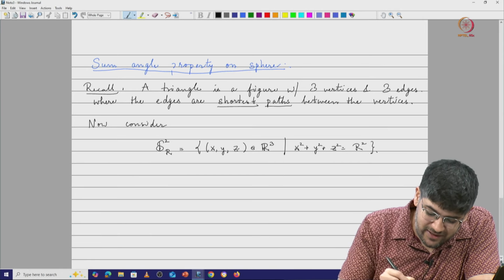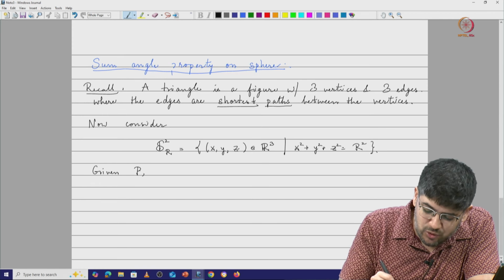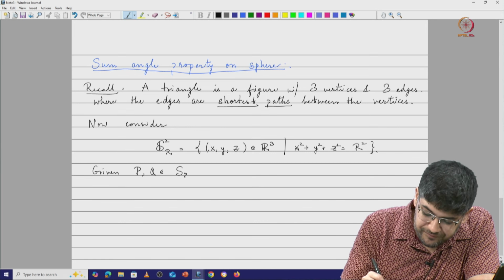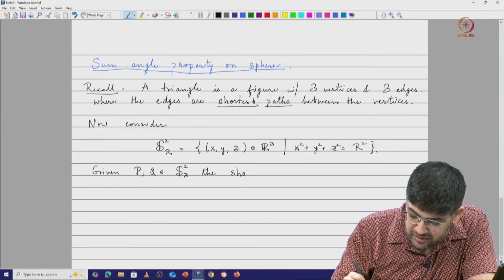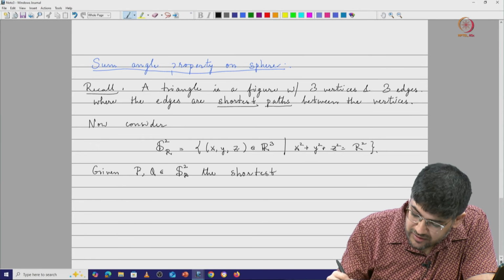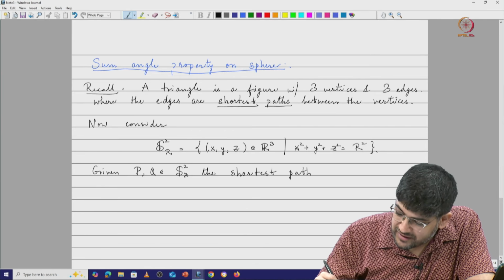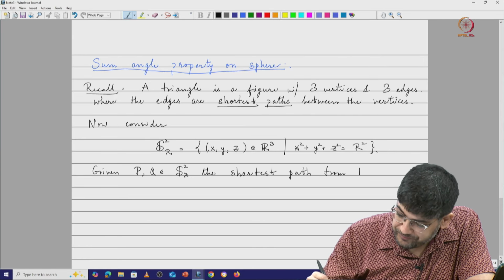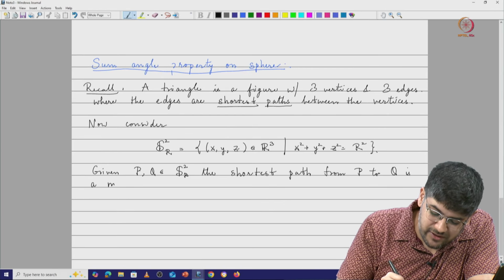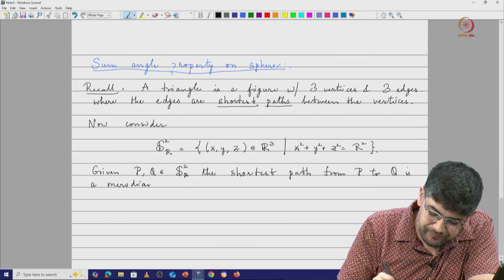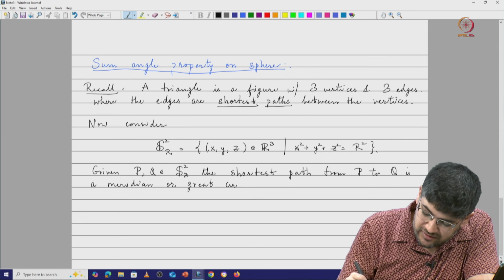So it turns out that given two points P and Q, the shortest path from P to Q is a meridian or a longitude, or it is also called a great circle.